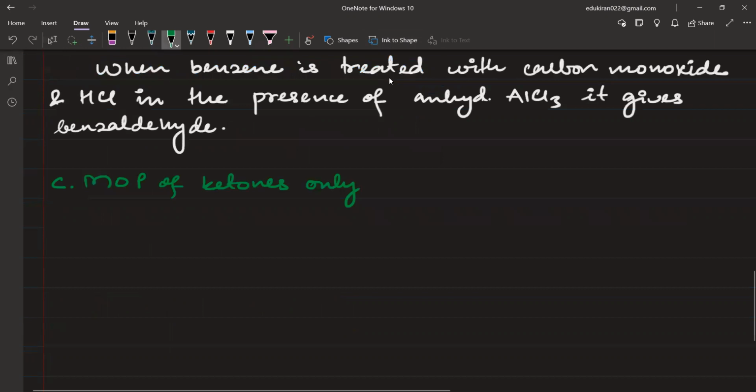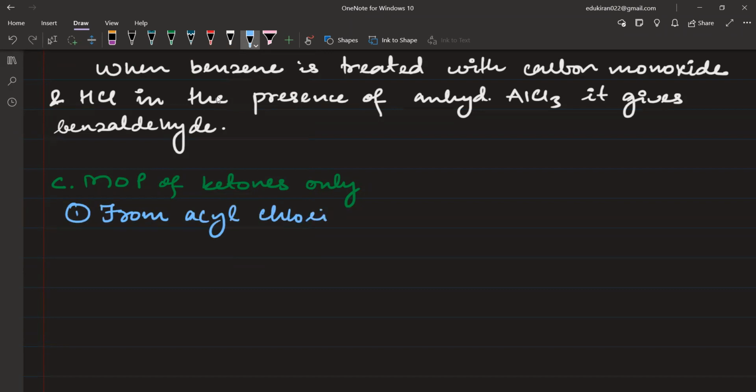You'll write the first reaction, that is from acyl chlorides.